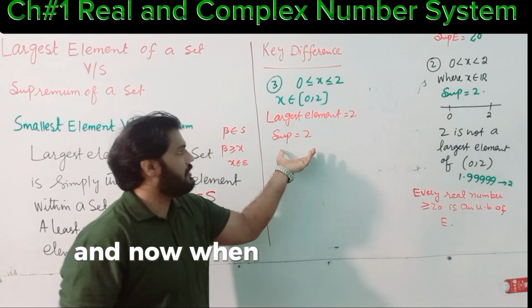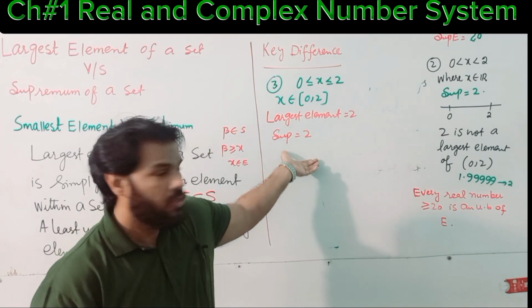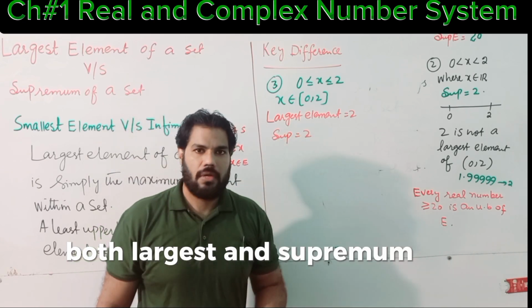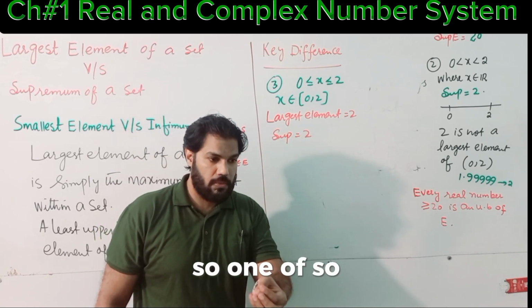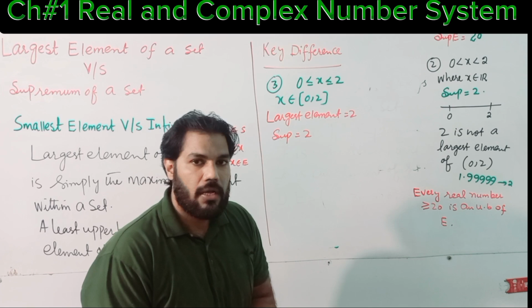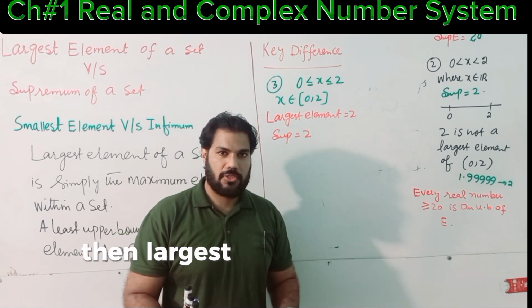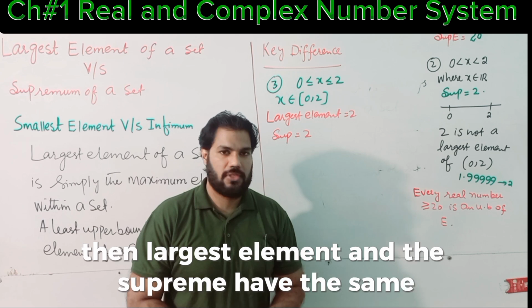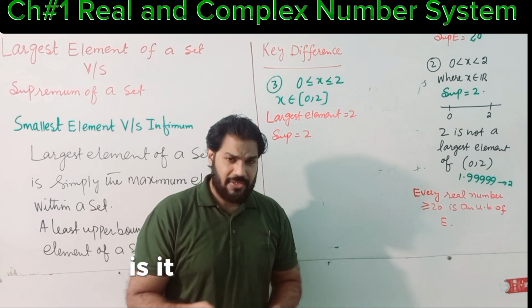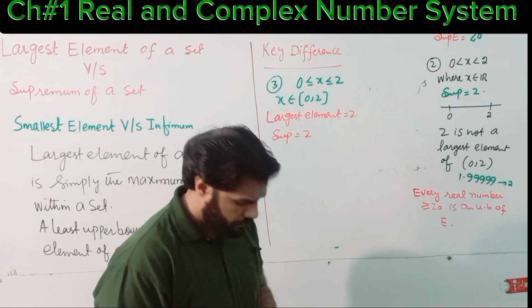And when your interval is a closed interval, both largest and supremum are the same. So students can see that whenever our interval is a closed interval, then the largest element and the supremum have the same meaning. Is this necessary always?